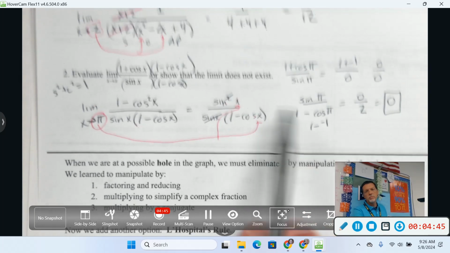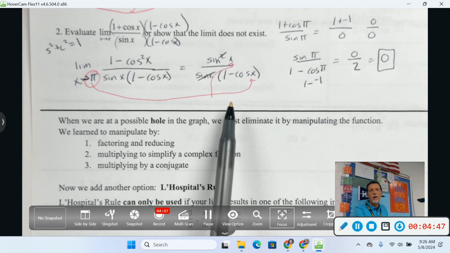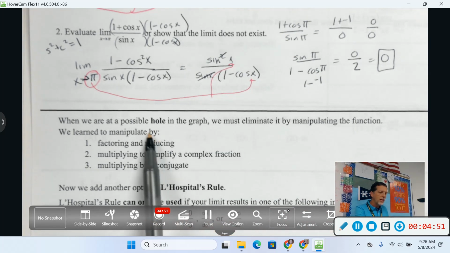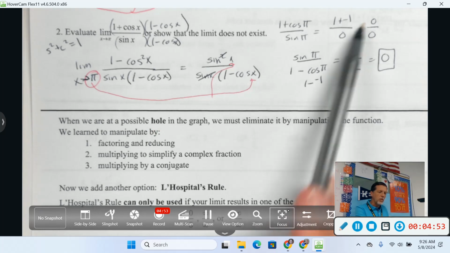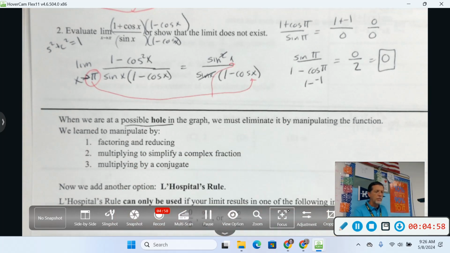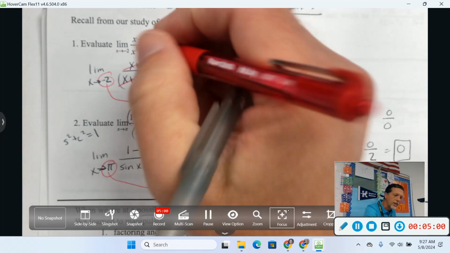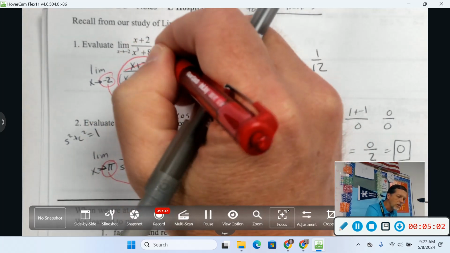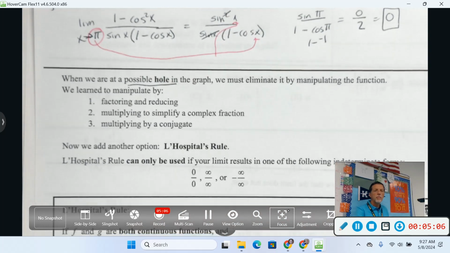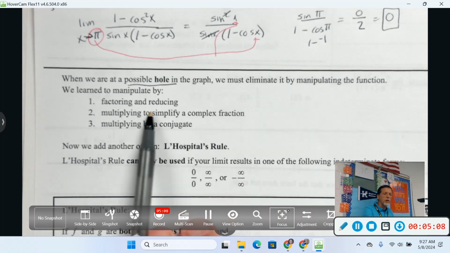Okay, so not great, not horrible though, the algebra methods. And if you get 0 over 0, you're probably at a hole in the graph. I mean, you're certainly at a hole in the graph if you have factors that cancel, for sure. And so here were our algebra tricks.